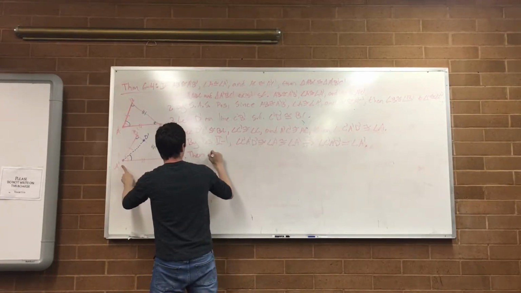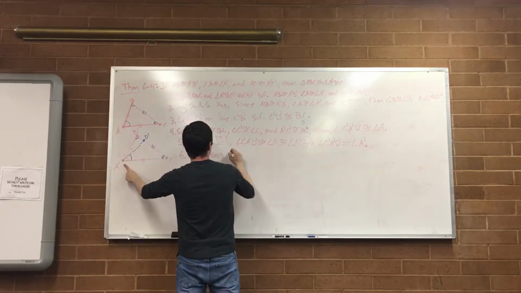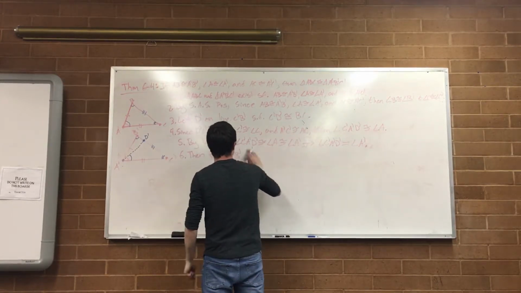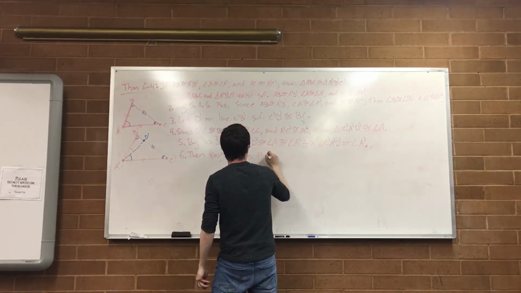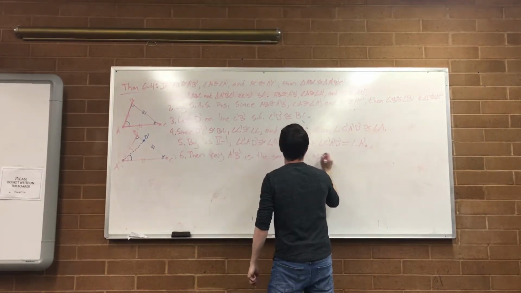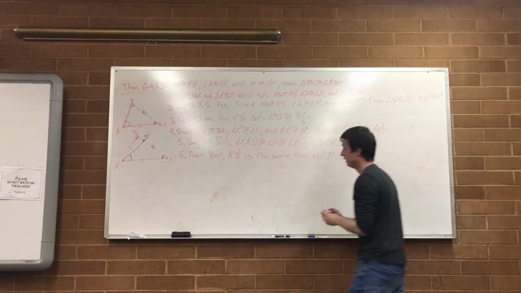Therefore, ray A prime B prime is the same ray as A prime D prime.